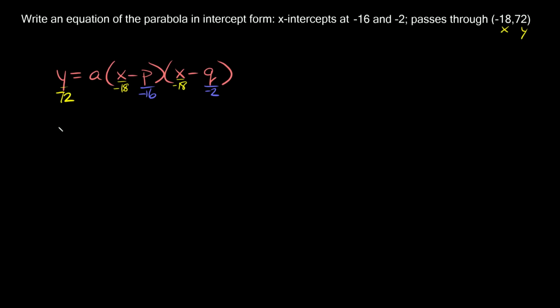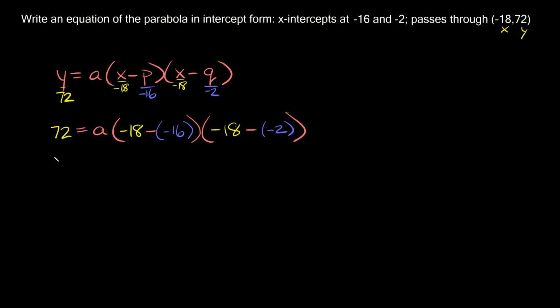Okay, so here we're going to get that 72 is equal to a times, in parentheses, -18, and then we also have this minus sign, and then -16, like that. And then we have the same thing over here, right? So we have -18 again, minus -2.